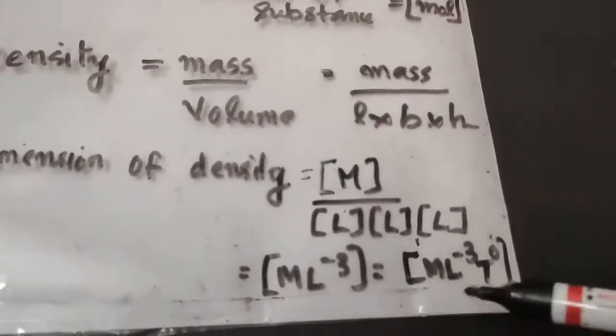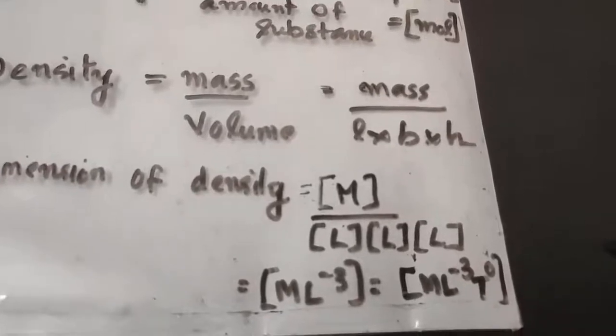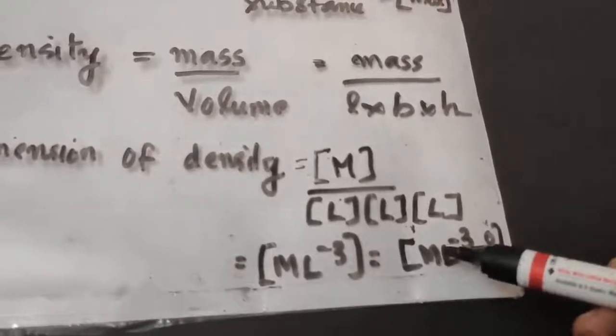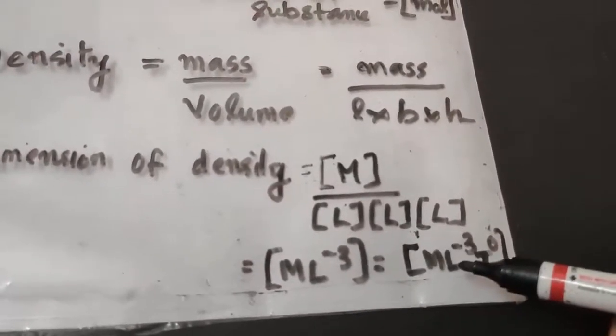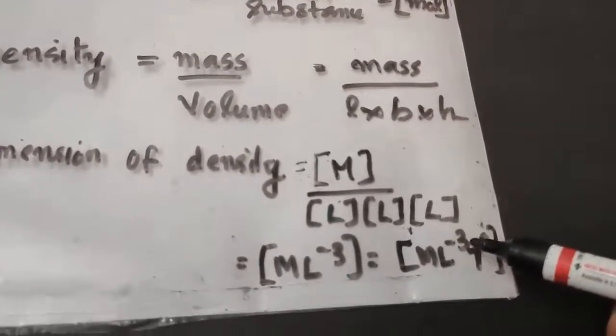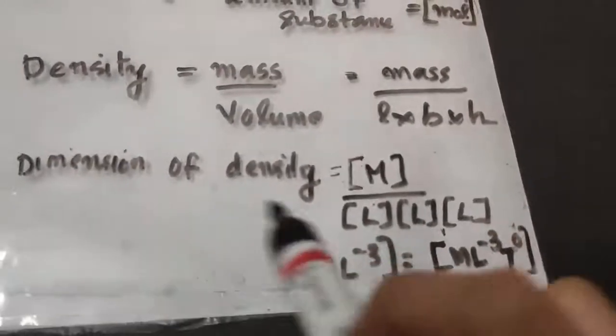That is, M, L, T are our fundamental quantities. And when you check this equation, you can see that the power of mass is 1, and L must be raised to minus 3. Then only it represents the dimension of density.